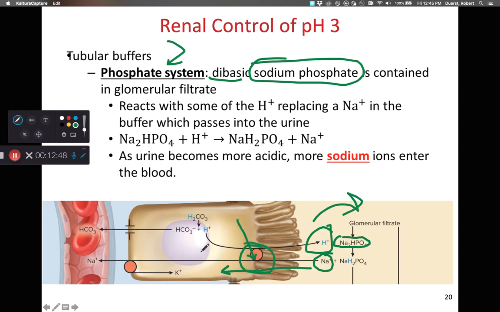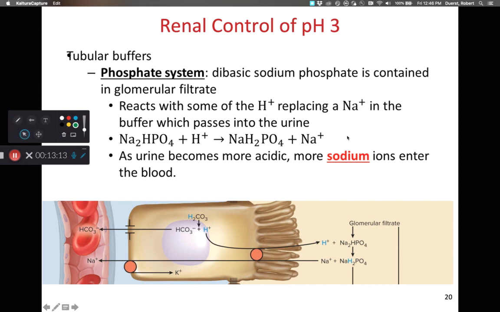And then to keep the sodium concentrations in the cell low, we have the sodium-potassium pump constantly burning through ATP, dumping sodium back into the bloodstream. So ultimately, as we acidify the urine, we dump sodium into the blood, based off of our phosphate buffering system within our kidneys.